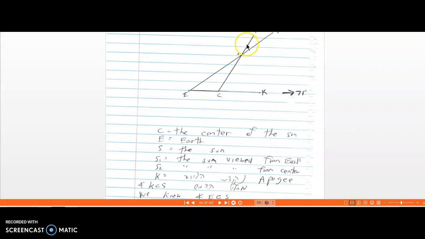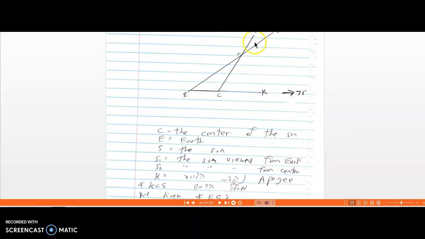It's not a simple formula, so I'll not get into it. But somehow, by knowing this angle KCS and the angle KES, as we said 70 and 30, and knowing how much EC is and how much CS is, it's a lot of pieces of information, we can figure out a formula to give us this angle.